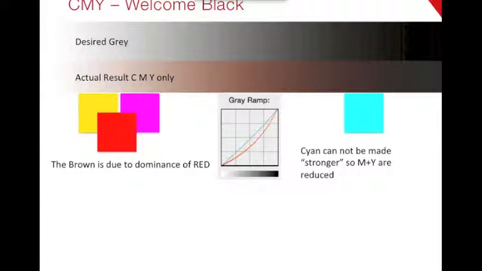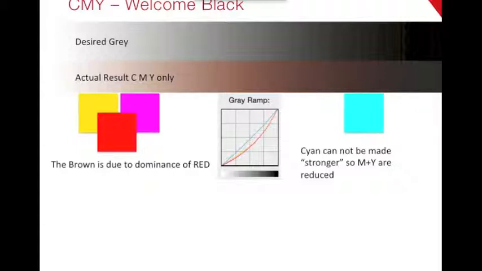And you could think of that as the reason the cyan is not strong enough. It can't be dominant enough to neutralize that colour.